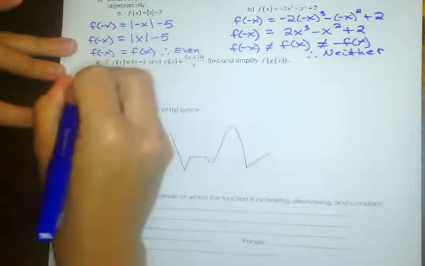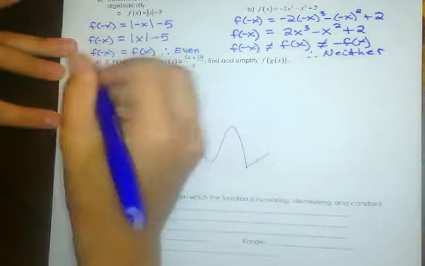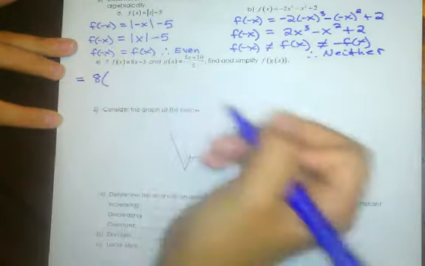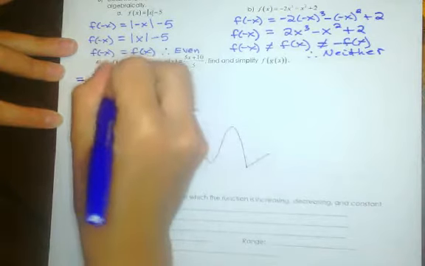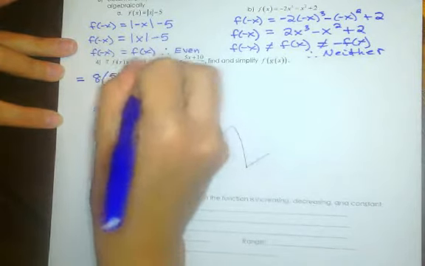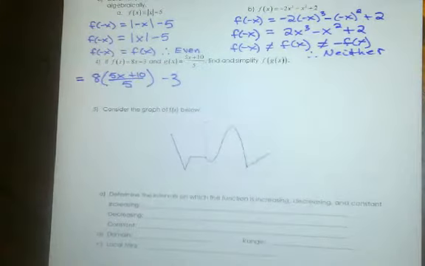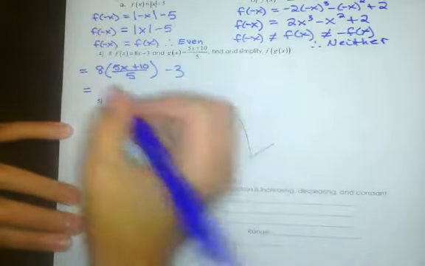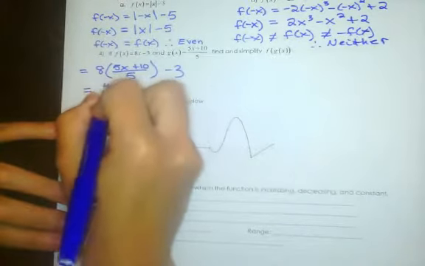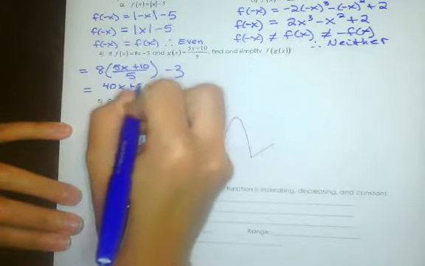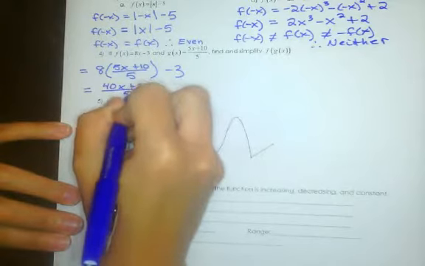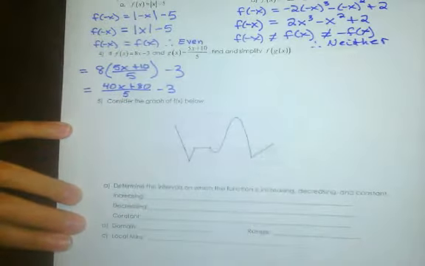So we're going to say that f of g of x is 8, and then you drop this in where the x is, 5x plus 10 divided by 5, and then a minus 3. You can clean that up. If you distributed the 8, you would get 40x plus 80 divided by 5 minus 3.